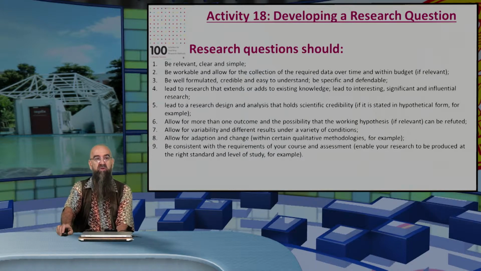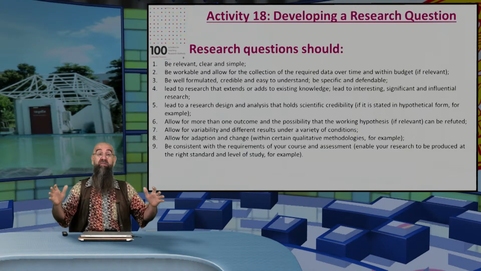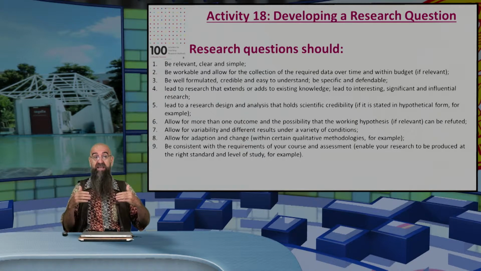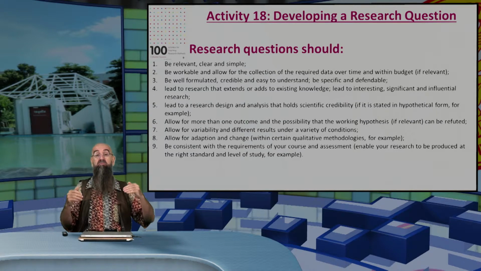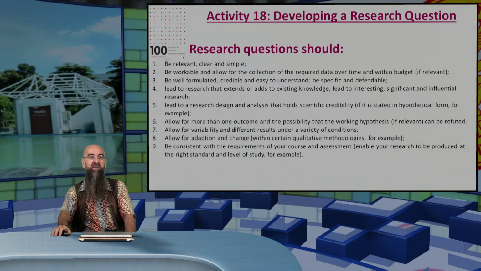In other words, do not be too ambitious. Many students get incredibly enthusiastic of all the things that they want to do, and most of us have that natural inclination, that natural desire to do lots and to be ambitious, but be careful about that.